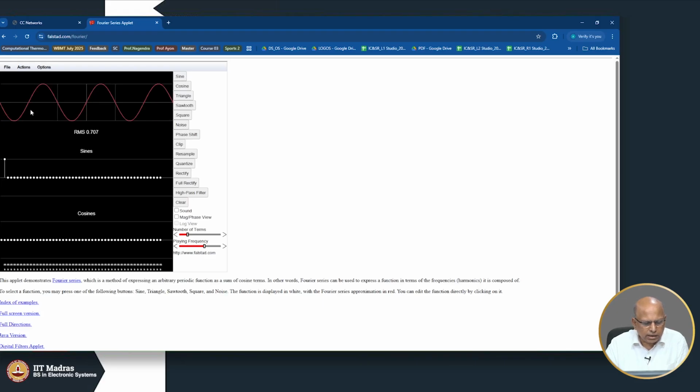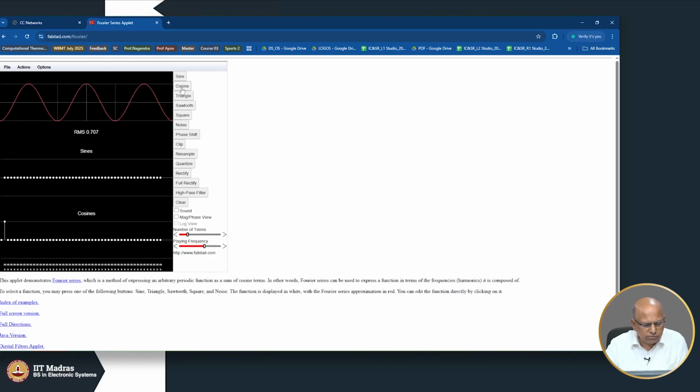So, if I take a sine waveform, you can see that the only component in this sine waveform is one sine. Okay. So, if I drag this, I can adjust the amplitude of that sine waveform. Okay. It is also showing you the frequency, etc. Okay. There is no cosine here. Right.